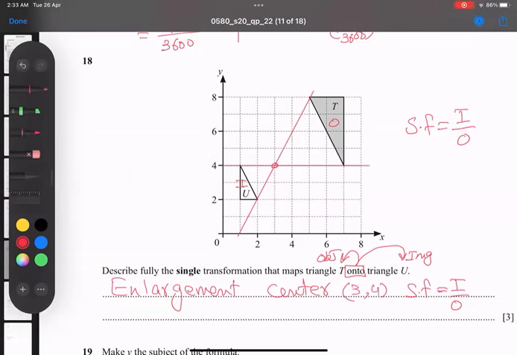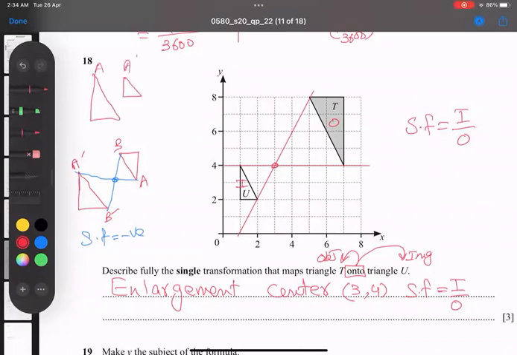Let me tell you, if this is object and this is image, this is A, this is A dash, this is B, this is B dash.